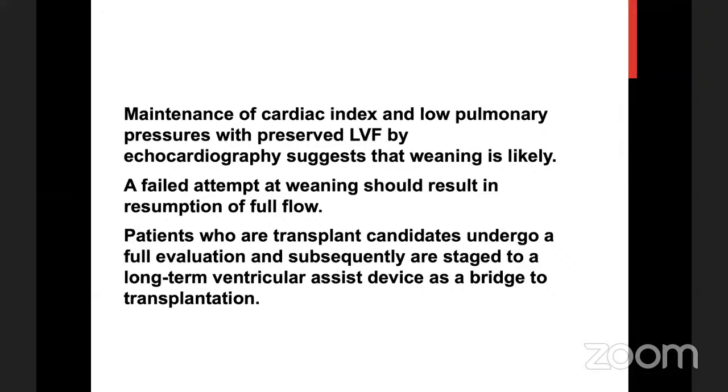A failed attempt at weaning should result in resumption of full flow. So patients who are transplant candidates undergo a full evaluation and subsequently are staged to a long-term ventricular assist device as a bridge to transplantation.